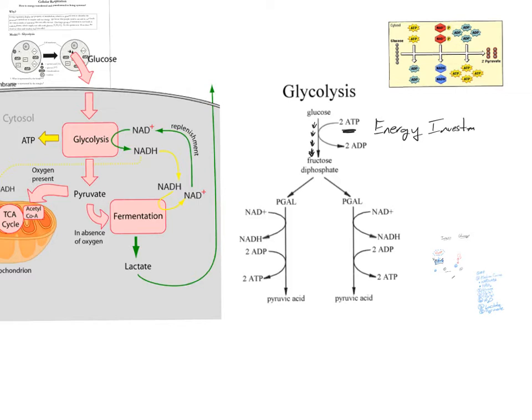Now, that being said, this phase, phase 1 of glycolysis, and remember when we talk about energy investment, you need to think about what we've been speaking about already for a while, which is this idea of activation energy, right? So often in these biochemical reactions, you're going to invest some energy to get a lot more energy out.